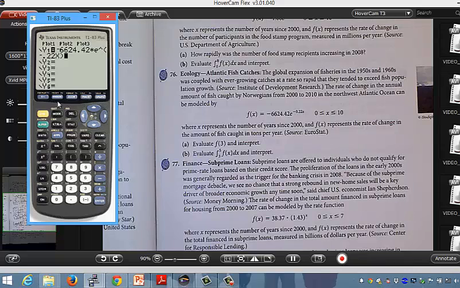Okay, let me check my window again. I'm going to go from 0 to 10. Now what about the y values?